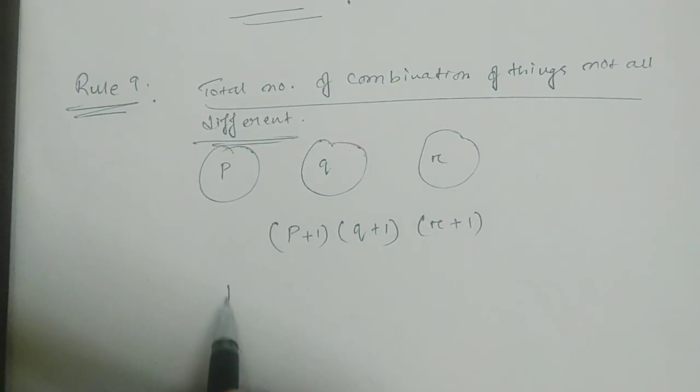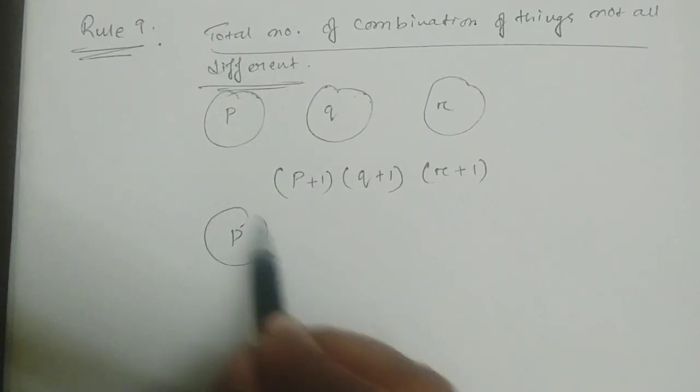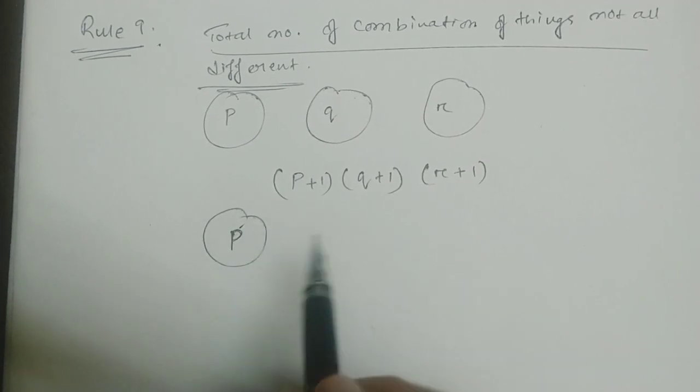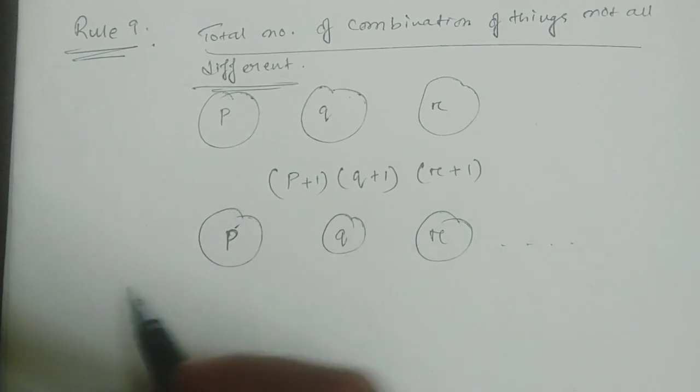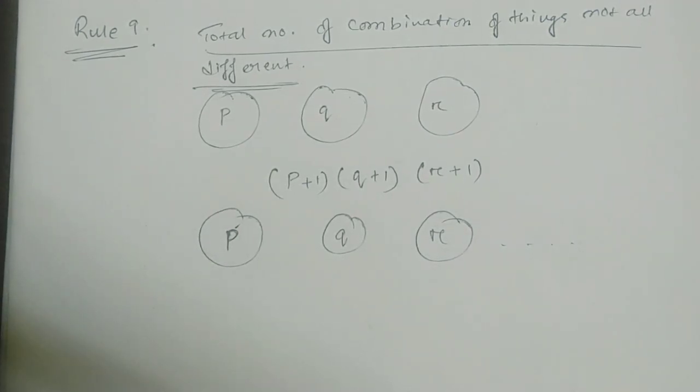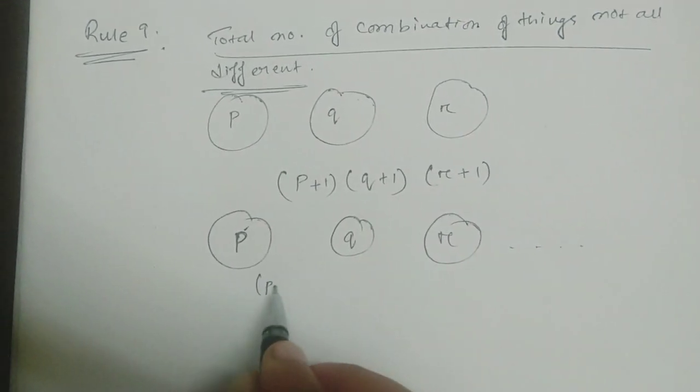And if there are more, P, Q, R and so on extending further, then our formula would be like this.